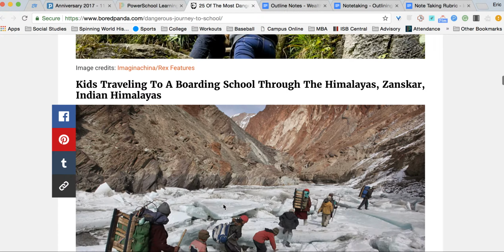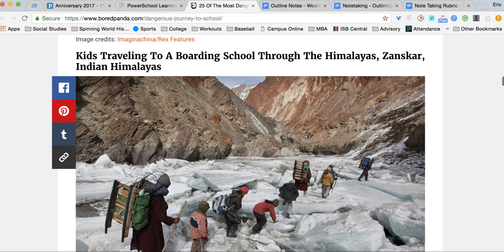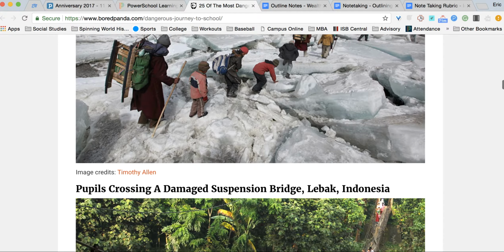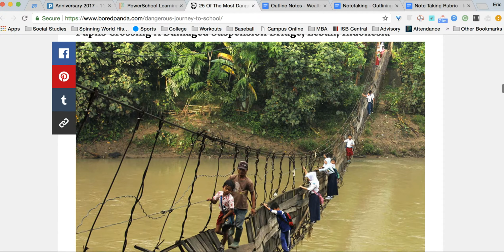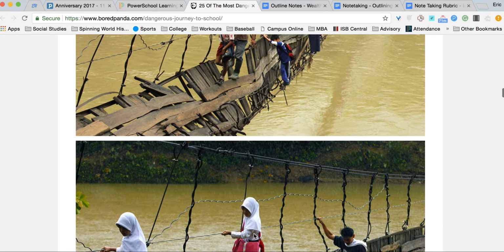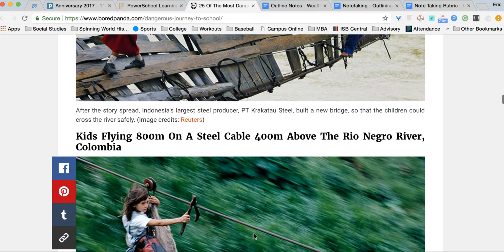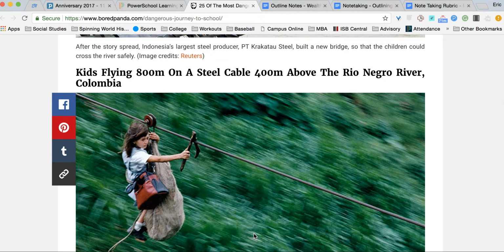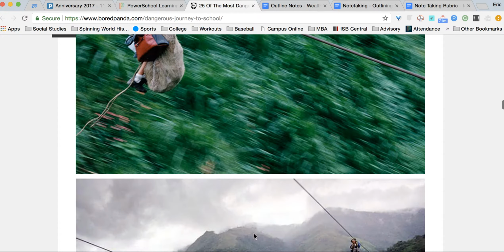These kids go through Himalayan mountains to get to school. Obviously it's going to be a long trip. This bridge where they're walking on the outside of it's actually a broken bridge. You can see the whole right side of it's gone, and so they actually have to just walk on the railings. This kid takes a cable across a river in Colombia.